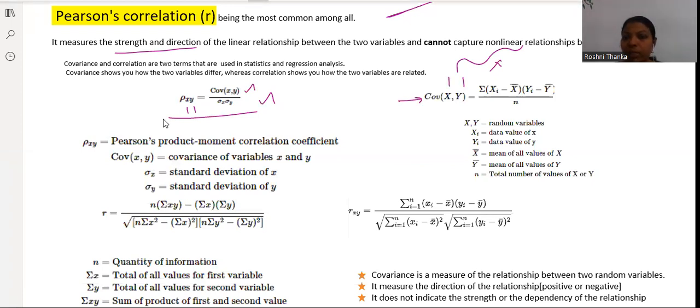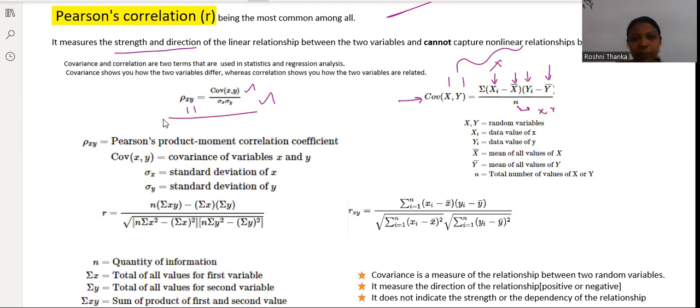What are x and y? These are the two variables in which we want to find the relation. So it is the sum of (xi minus the mean of the sample), where xi is a particular data value in that sample, times (yi minus the mean of the second variable), divided by n. n is the sample size, the total number of values in x comma y.